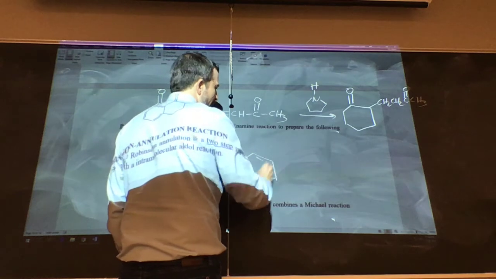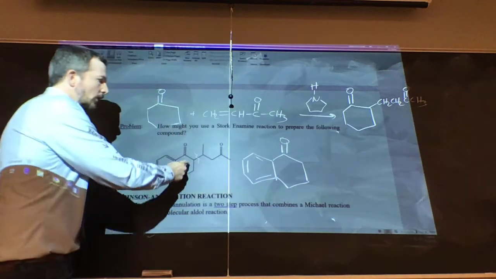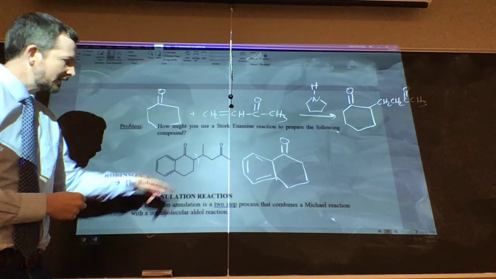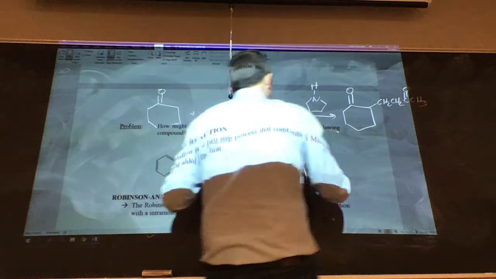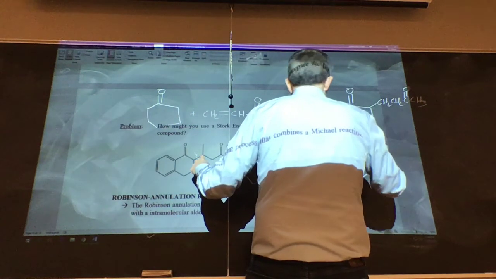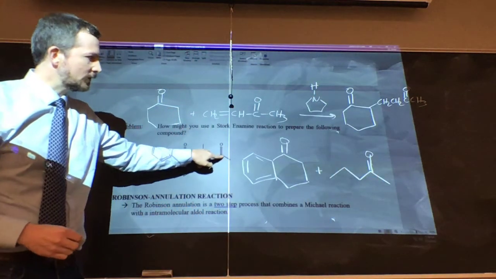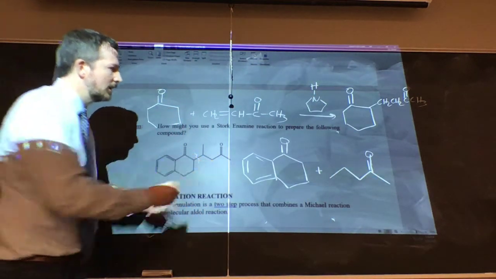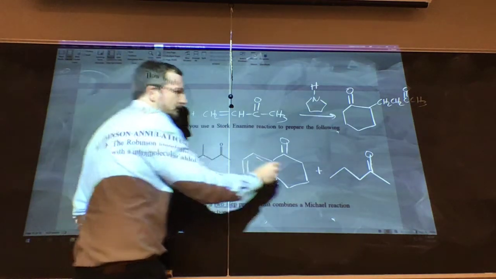Monocarbonyl compound. So there's one compound, there's my alpha position for this one. I'm going to draw this one. Here's my CH3 double bond O. Here's my alpha, here's my beta, then a CH3.